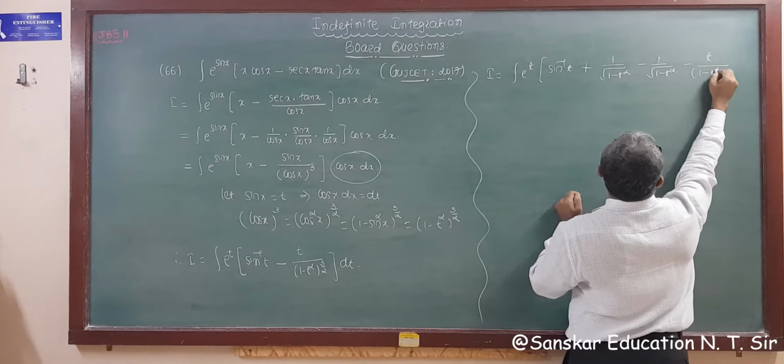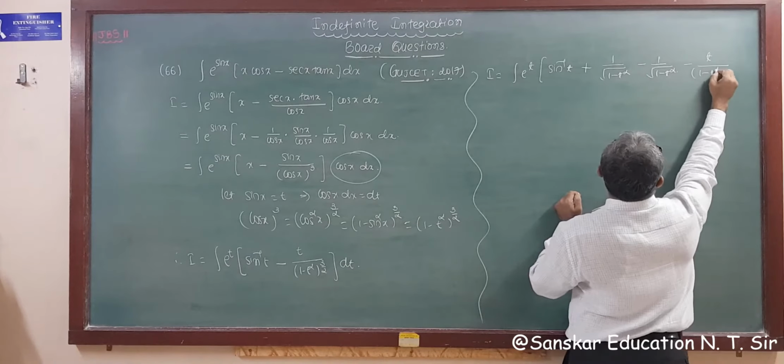So I will be integration e raised to t. I am writing a function only, sine inverse t minus 1 upon under root 1 minus t square. These both are functions, and derivative of sine inverse is this, right? So plus 1 upon under root 1 minus t square, and this is minus.